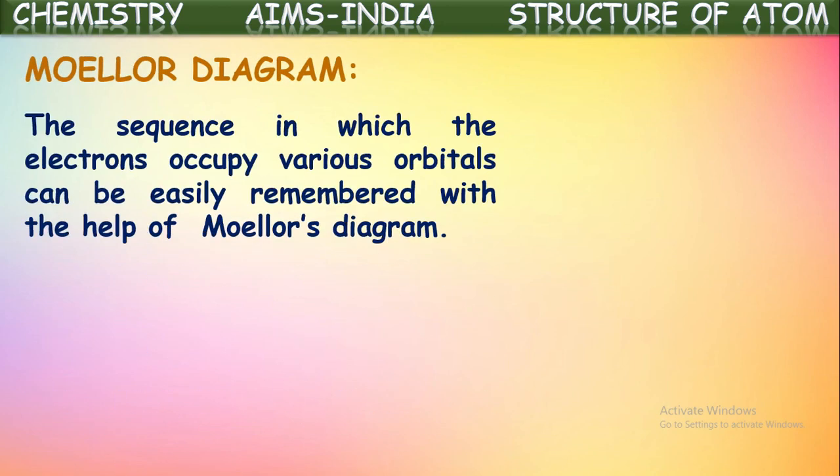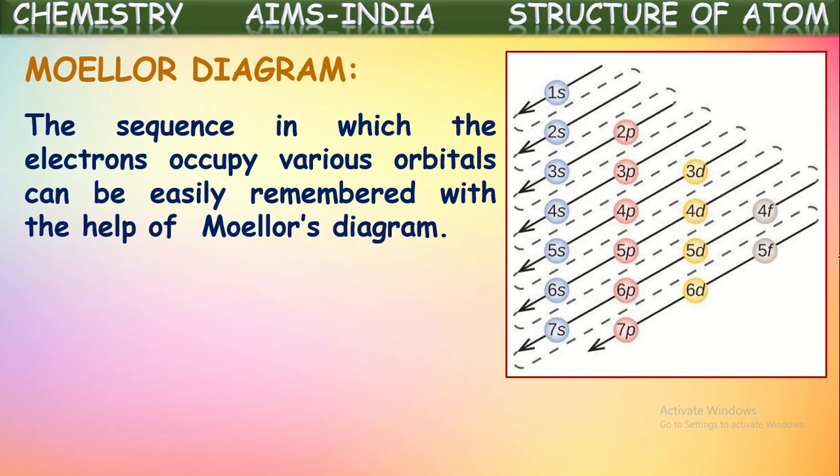The sequence in which the electrons occupy various orbitals can be easily remembered with the help of the Moeller diagram. So this is called Moeller diagram, which gives an idea of the increasing order of energies of the orbitals, so that we can understand easily how filling of electrons is happening in the different orbitals of an atom.